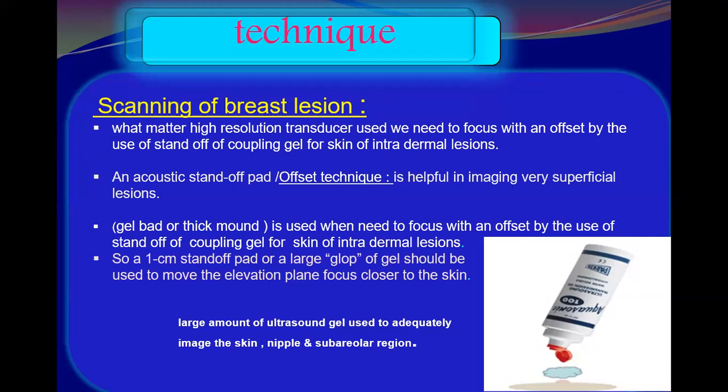Why? As you remember, I told you we are going to discuss it later. We said the transducer has two planes: the longitudinal plane working in the focal zone, but the elevation plane is fixed for the transducer. For the superficial, high frequency transducer, it is generally about 1.5 centimeter.